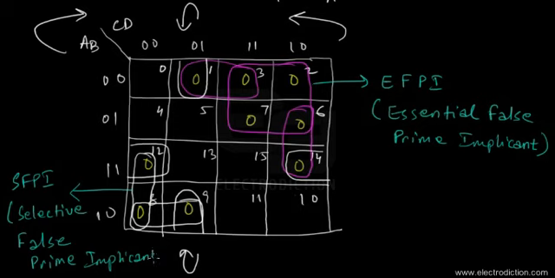Apart from that, if I were to modify the Karnaugh map in a way such that the cells 8 and 9 were vacant, then we would never have had cell number 9 being grouped up with cell number 1 over here.